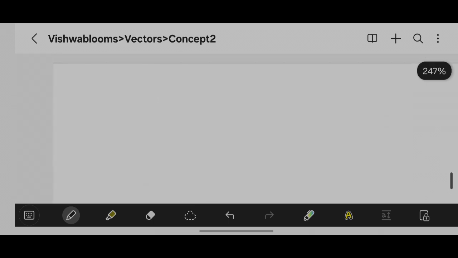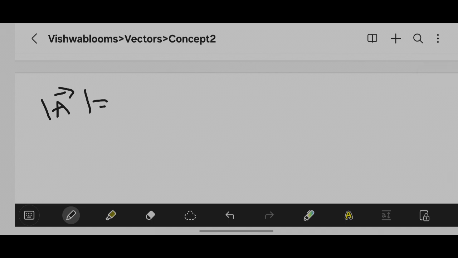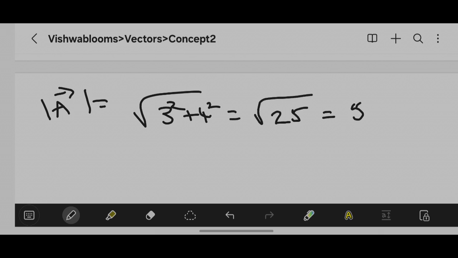I will write it clearly. First, what is the magnitude of A bar? It is 3 i cap plus 4 j cap, so root of 3 square plus 4 square, root of 9 plus 16, root of 25, which is 5.